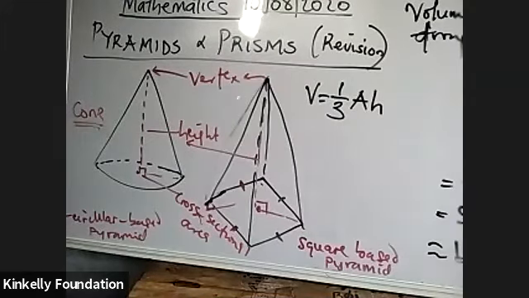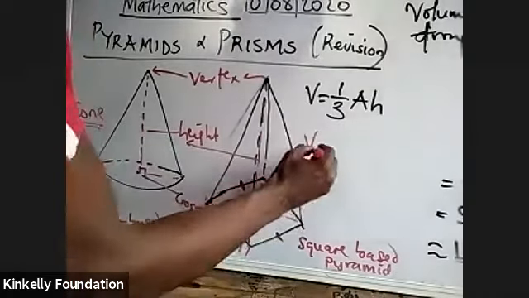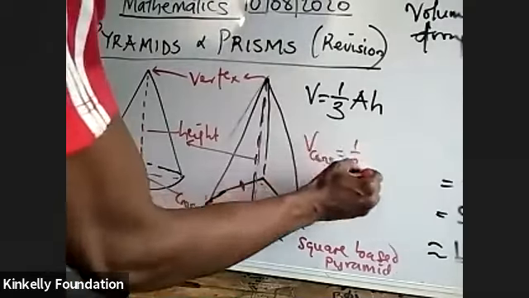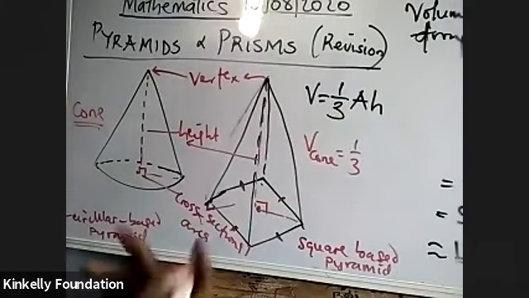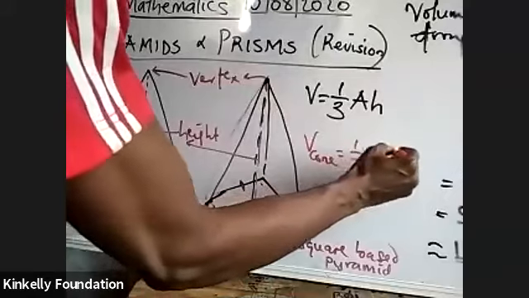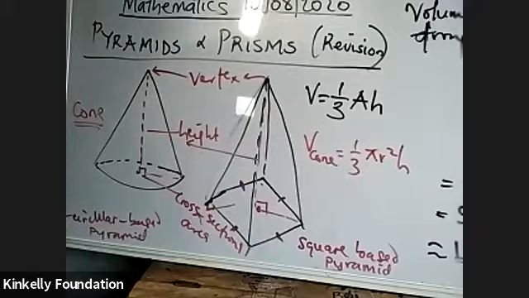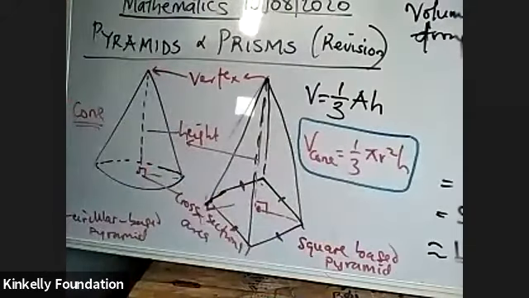The cone. Now, if you want to consider their volumes, volume of a cone is 1/3, the base area is what? A circle. And the area of a circle is what? Pi r squared times the height. This gives us the volume of a cone.